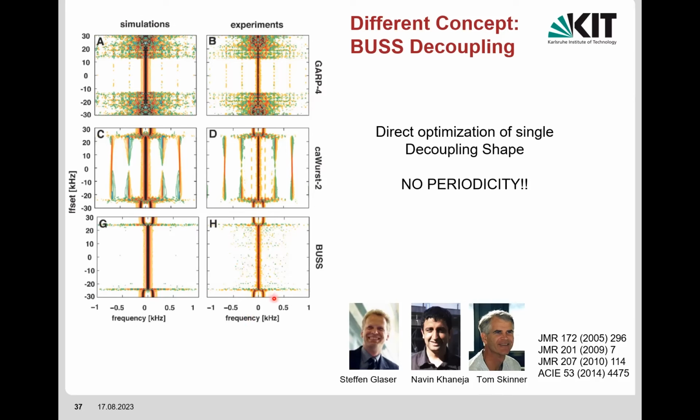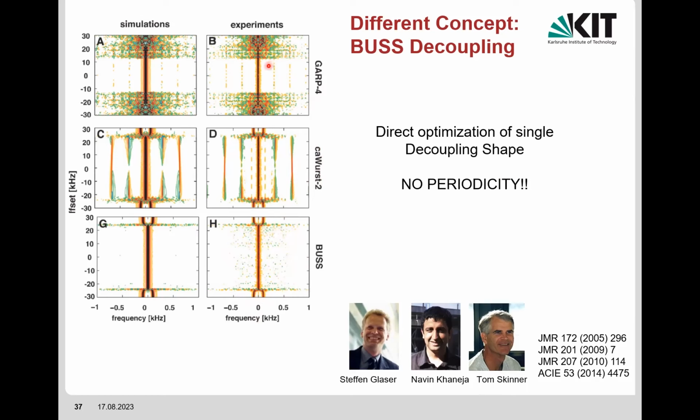So here you see the coupled signal, and then for a certain offset range, it's being decoupled. And it's also shown here in the noise level what kind of sidebands you expect. So for the Wurst decoupling, which is highly periodic, you see here streaks of lines where the sidebands appear, while in the Bus decoupling, if it's applied in a single scan even, you do not see any of these sidebands.